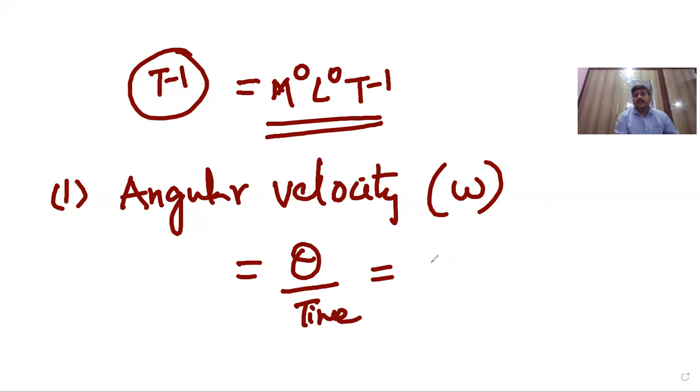Theta is not having any kind of dimensions, so it is simply 1, and time period is T. So this is equal to T to the power of minus 1.